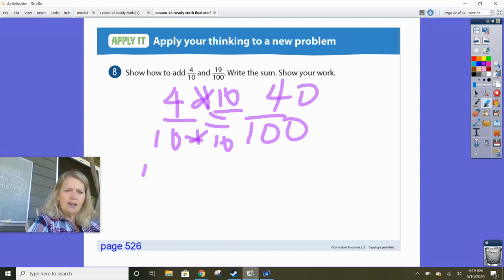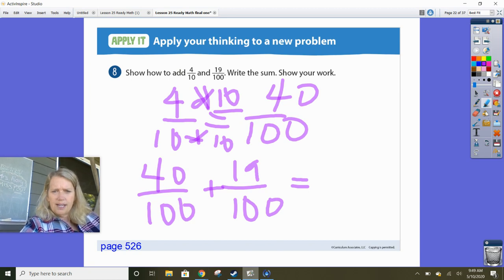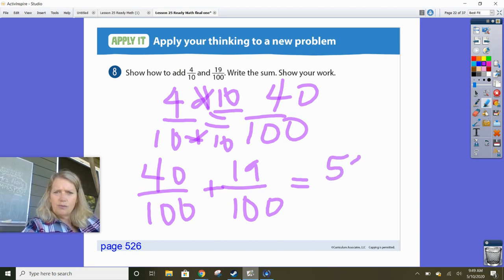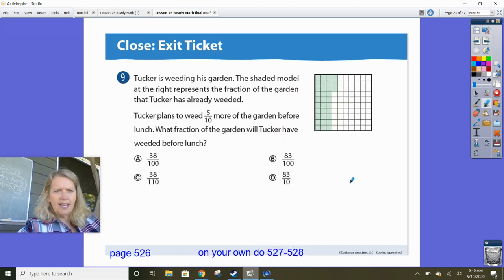Okay, so now we can add 40 100ths plus 19 100ths. 40 plus 10 is 50 plus 9, 59 100ths. Okay, the showing of my work is showing how to get to the equivalent fraction strategy right here. Cool beans.